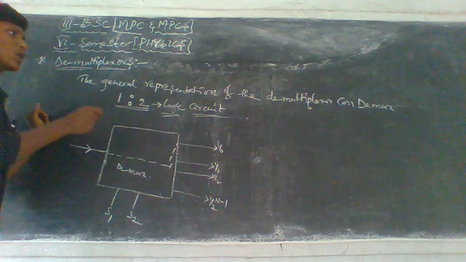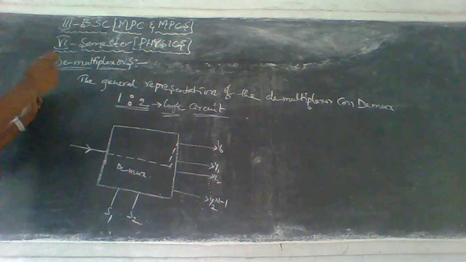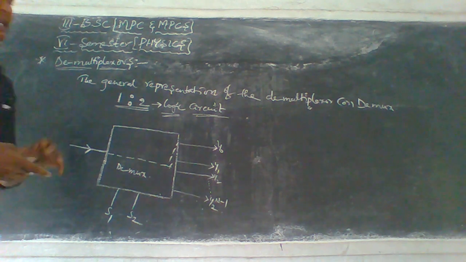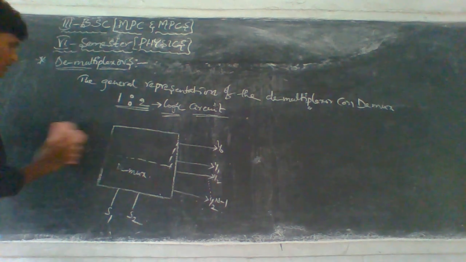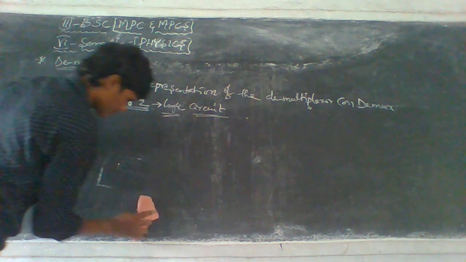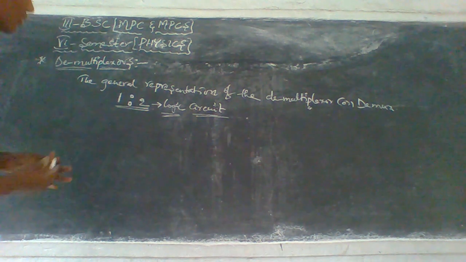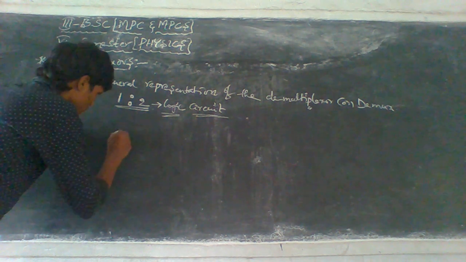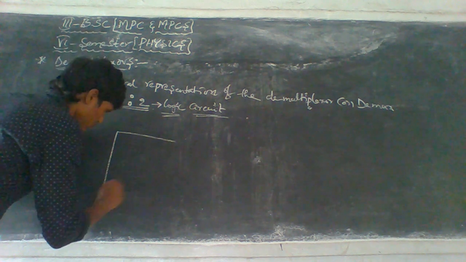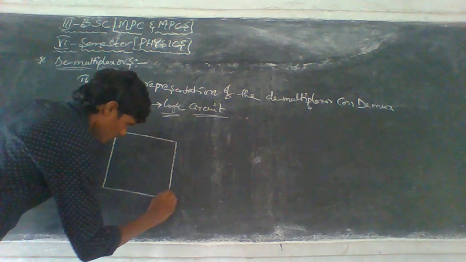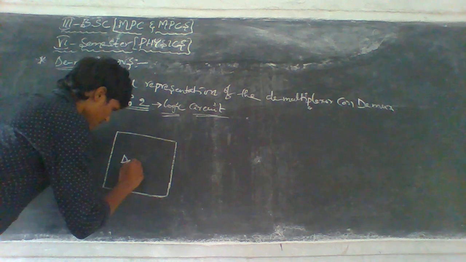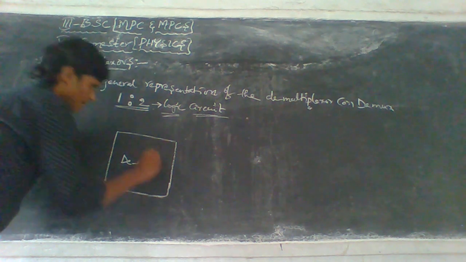Then we will discuss the one line input to two line output logic circuit for the demultiplexer. Here this is the demultiplexer DMUX.